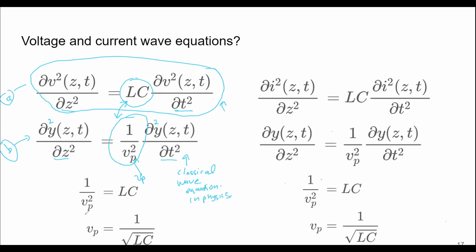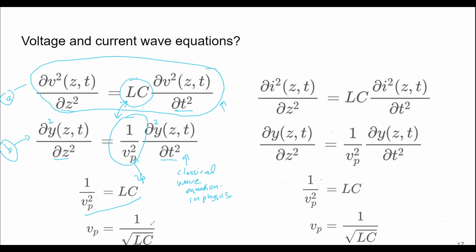Therefore, we equate these two parameters, and by equating, we can find that the wave velocity is equal to 1 over the square root of LC. So that means that we can determine the velocity of the wave that is propagating in a transmission line using the components in the transmission line.